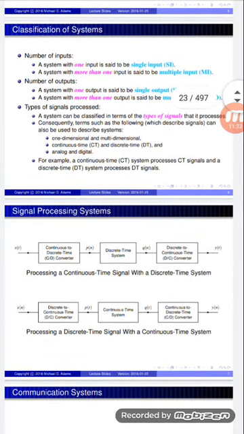Next is classification of systems: number of inputs, number of outputs, and type of signals.